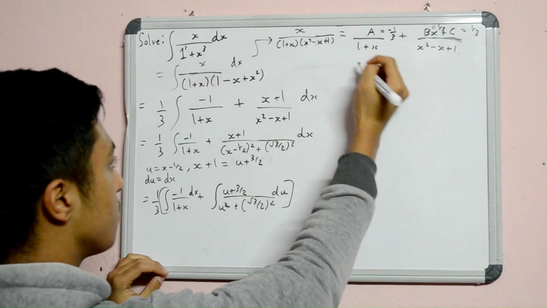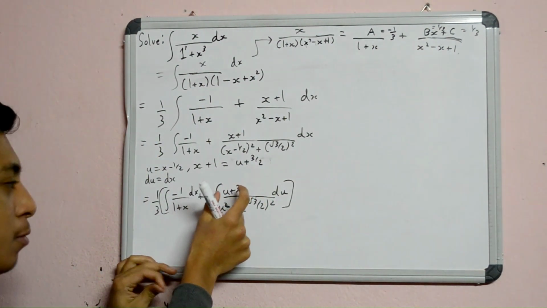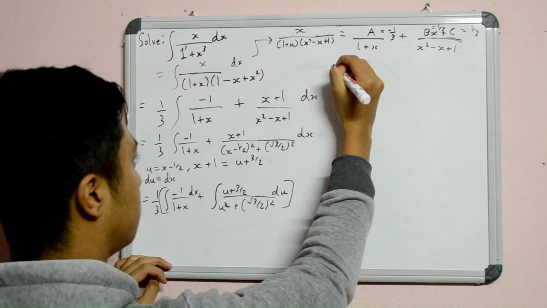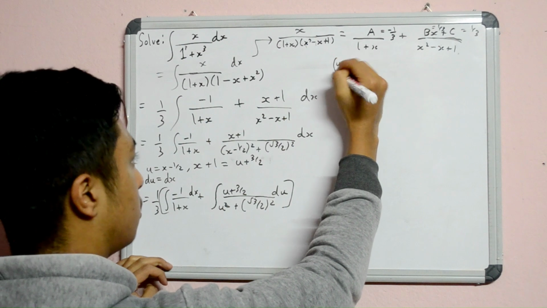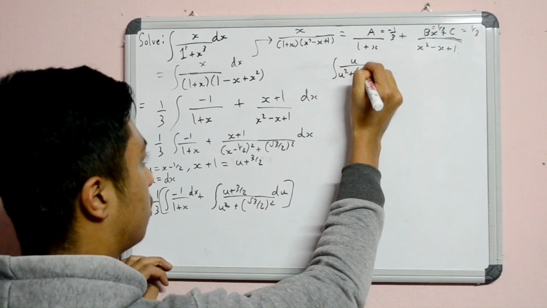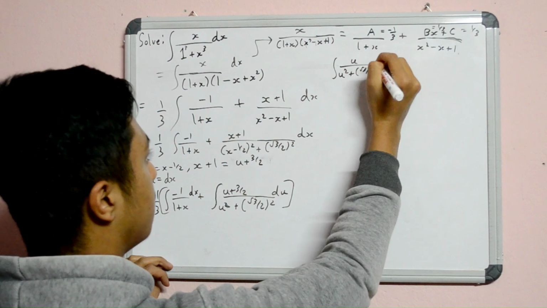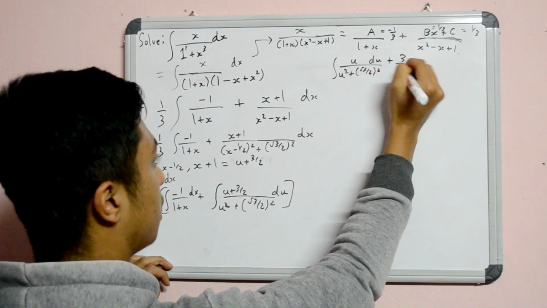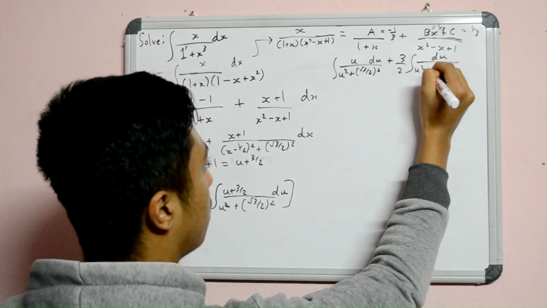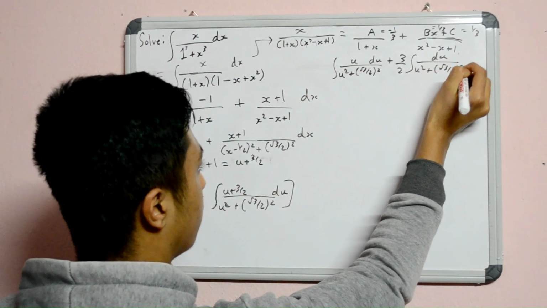Here we have to separate the numerator u and this part plus the constant and that part. So this is u by u square plus root 3 by 2 whole square du plus 3 by 2, let's put outside, so remaining just du by u square plus root 3 by 2 whole square.